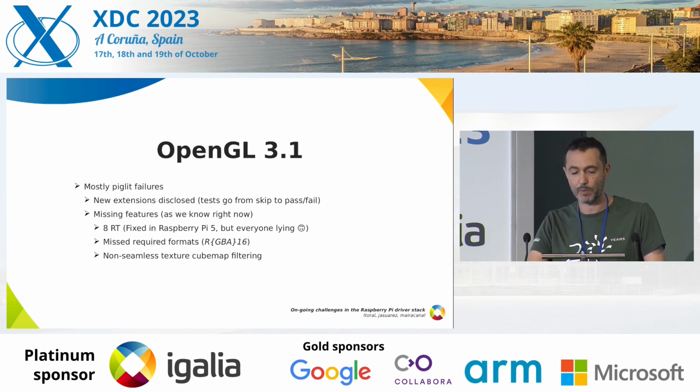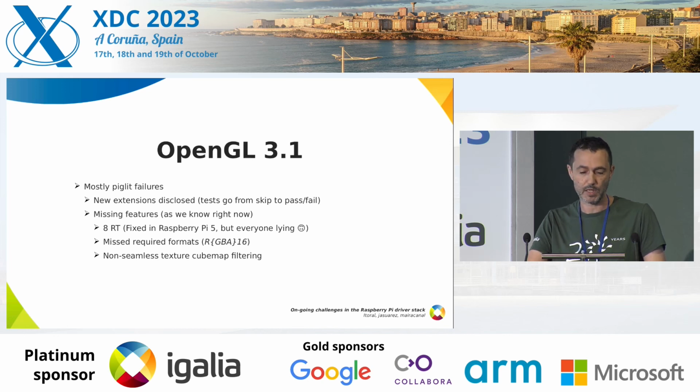The funny part is that Mesa is lying here, like a white lie, in the sense that they know that 4 is enough. So they just say 4 is supported, then we expose OpenGL 3.1. The good part is that it's fixed in Raspberry Pi 5. They support 8 render targets.